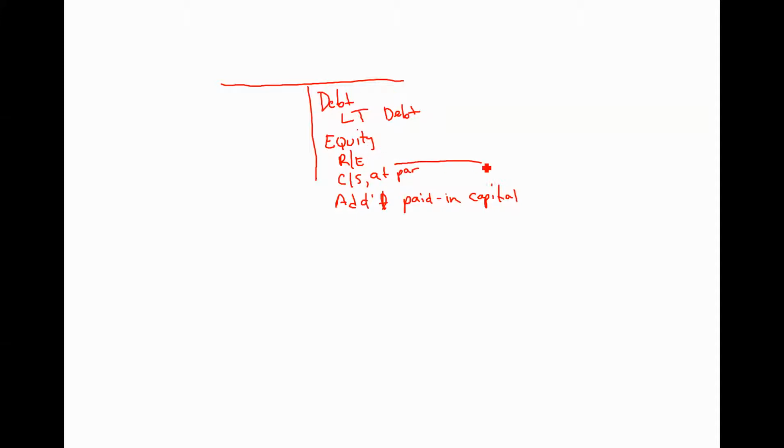All of these accounts, particularly these two, are on the books at book value, which could be quite a bit different from market value. So if Royal Caribbean had issued stock 15 years ago, then that stock is on the books at the price it sold the stock for in the primary market 15 years ago.